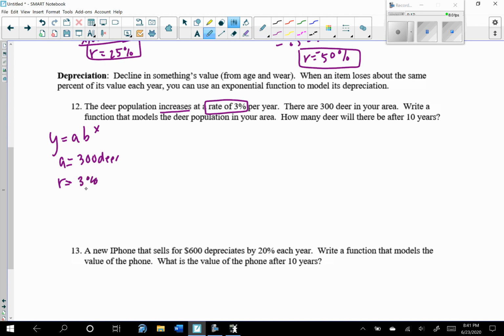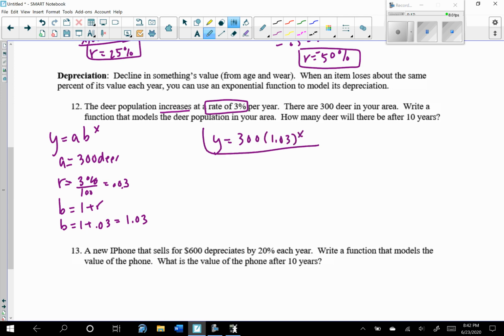So first we need to make that into decimals, divide that by 100. That gives us 0.03. So b equals 1 plus r, because we have to find b for the equation. We don't use our r value in the equation. We just use the r value to find the b. So b is equal to 1 plus 0.03, which is 1.03. So y is equal to 300 times 1.03 to the power of x. That's the first part. That's the function.